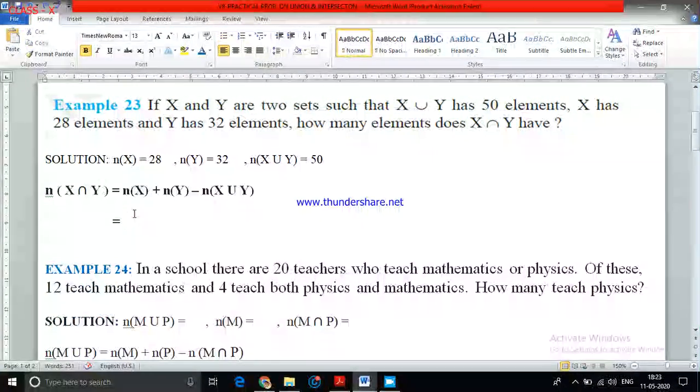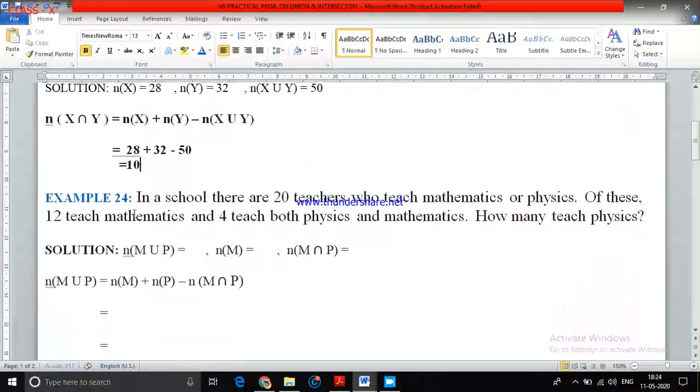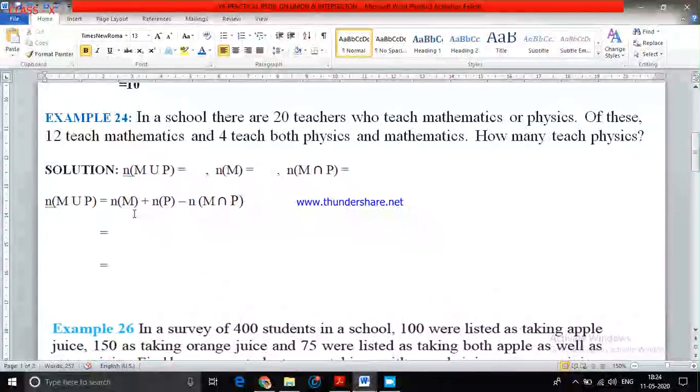So n of x is 28 plus n of y is 32 minus n of x union y is 50. That will give you 60 minus 50, which is 10. So there are 10 elements which are common between x and y. So this is one example, maybe one or two more questions.